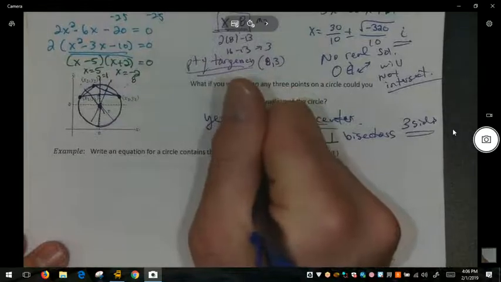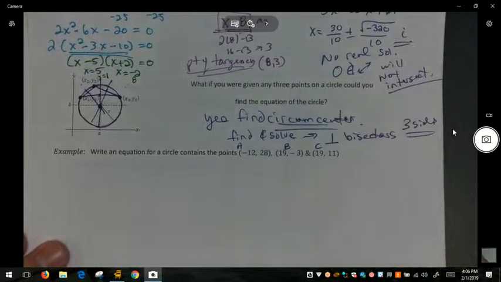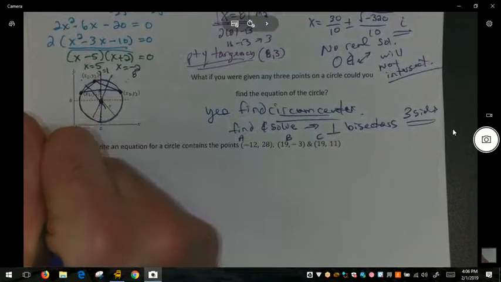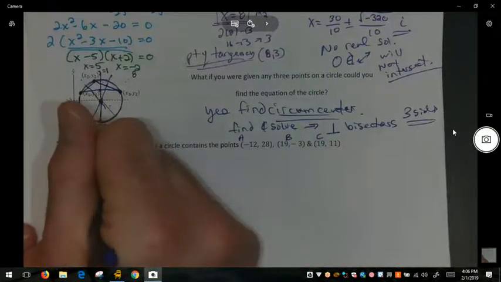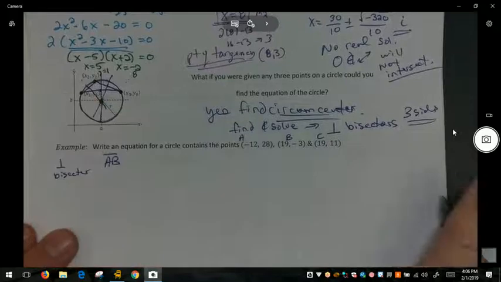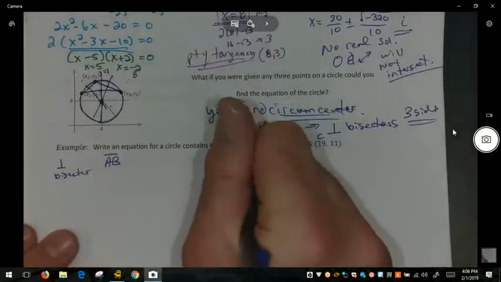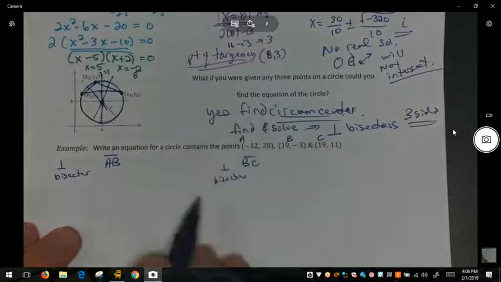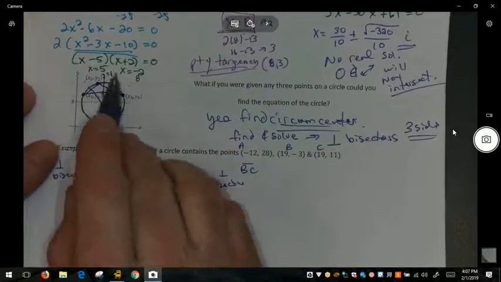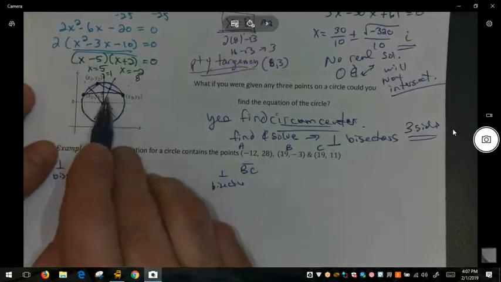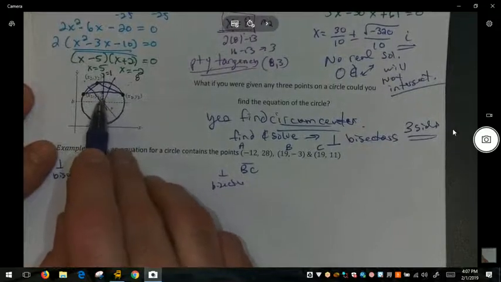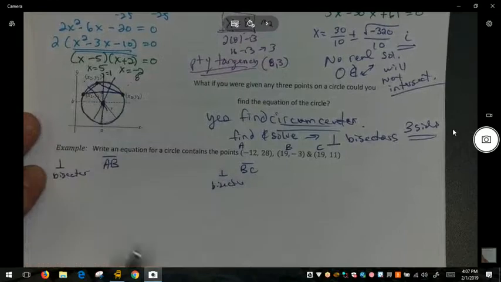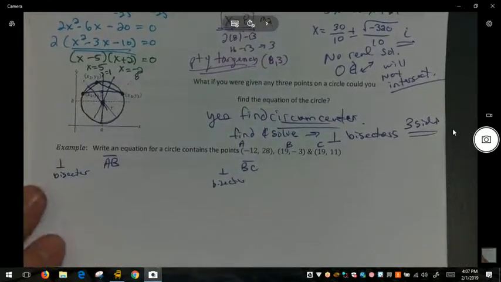So I'm going to call this point A and this point B and this point C. I need to write the equation of a perpendicular bisector for line AB, and I'm going to do it also for line BC. If I have those equations, I can solve the system of equations for where those 2 lines intersect. And that will tell me where the exact center of the circle would be if I just have 3 points that are on that circle.